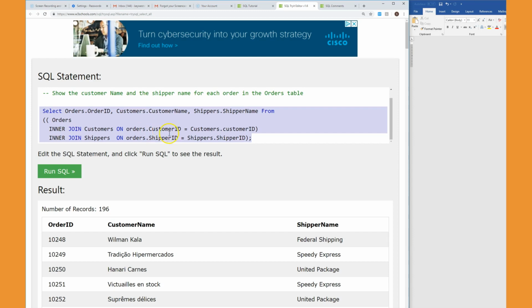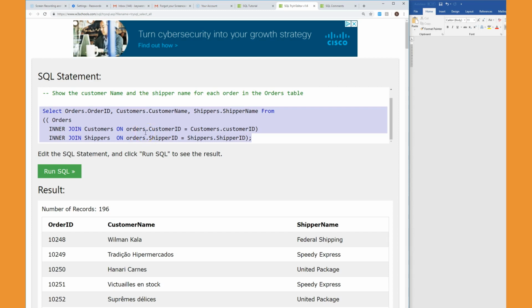These foreign keys, one more time, are the primary keys on the one tables. Customer ID is the primary key in the customer table, and the shipper ID is the primary key in the shipper table, and they have become the foreign keys in the order table.